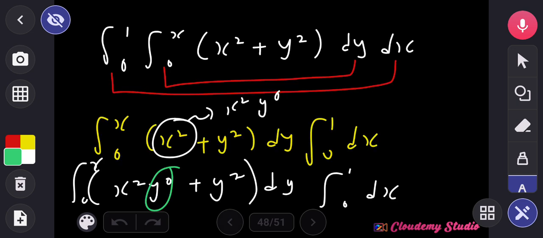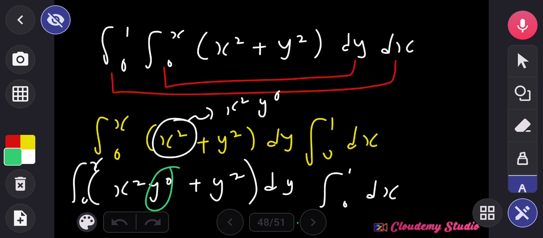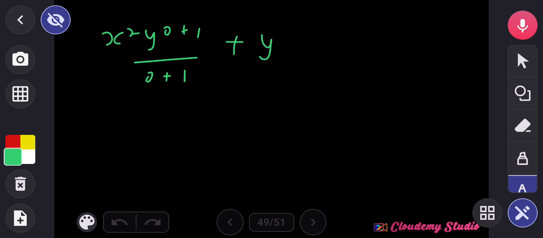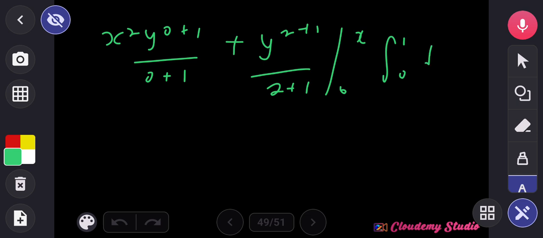Which means x squared will stay constant, and y raised to power 0 will now become y raised to power 0 plus 1 divided by 0 plus 1, plus y squared becomes y raised to power 2 plus 1 divided by 2 plus 1, upper limit x, lower limit 0. I'm still having the integral from 0 to 1 dx in this case. So I'm integrating only with respect to y, nothing more than that.